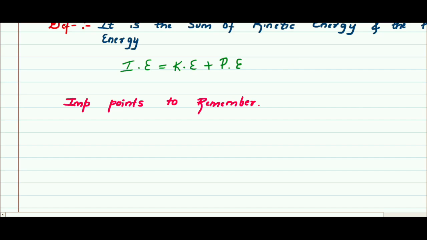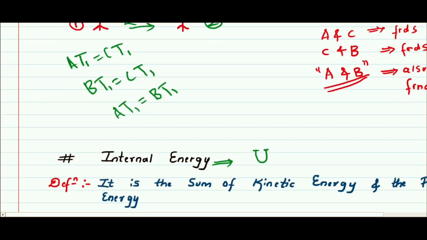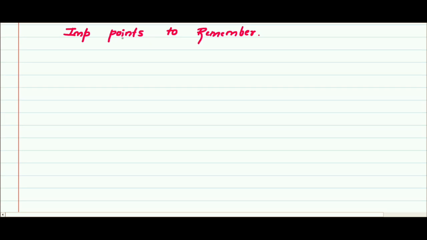The important point to remember in internal energy is the total energy. How do we write the total energy? Total energy is equal to internal energy plus external energy, right?